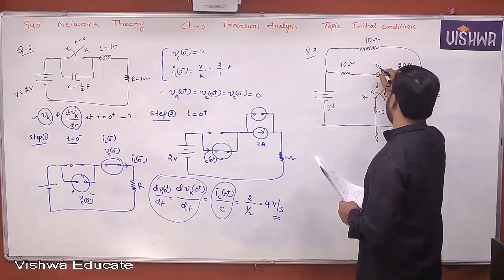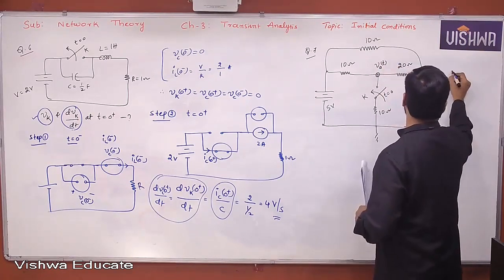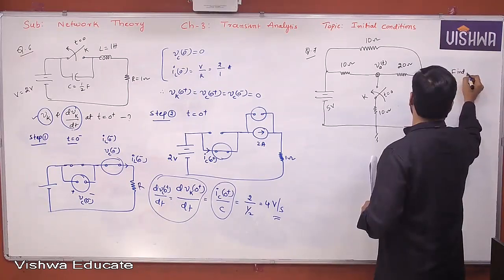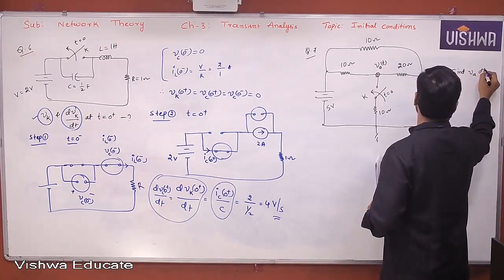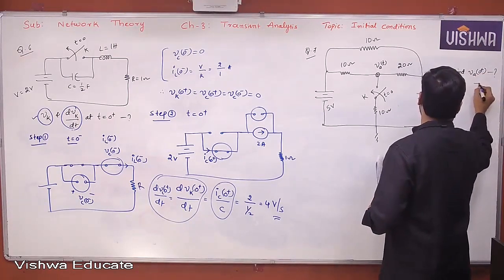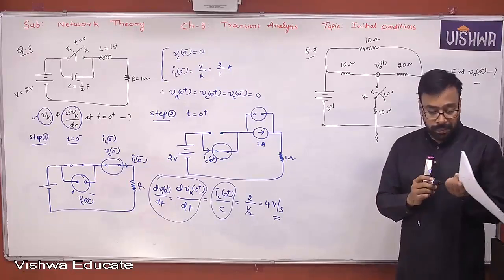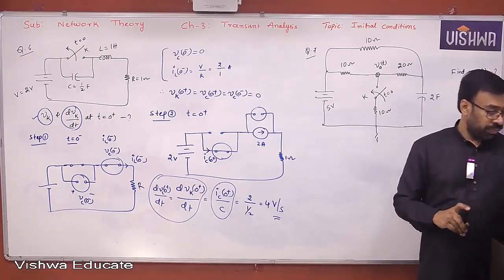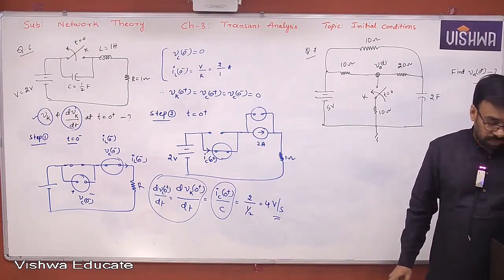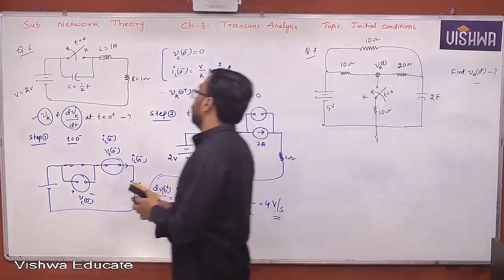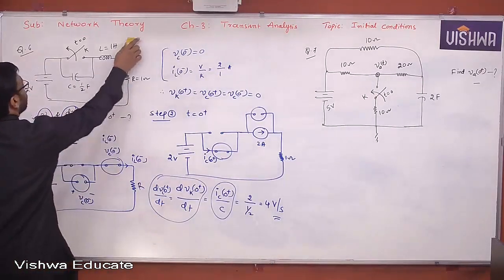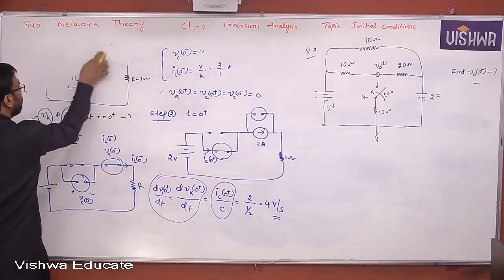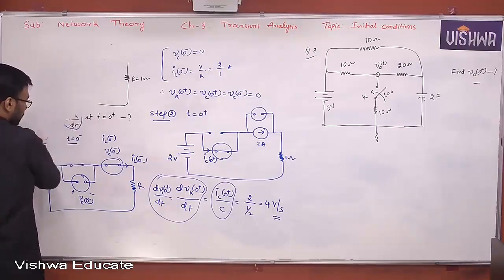This is an interesting problem. Find VA of 0 plus. I think you have done this, right? Okay. Look at that problem. Question number 7 is asking VA of 0 plus.